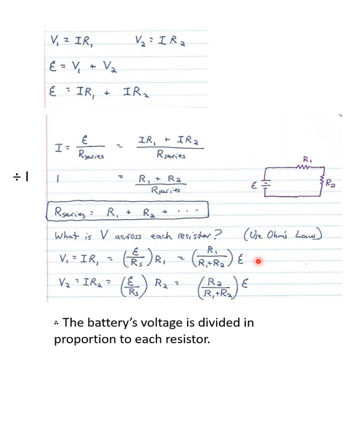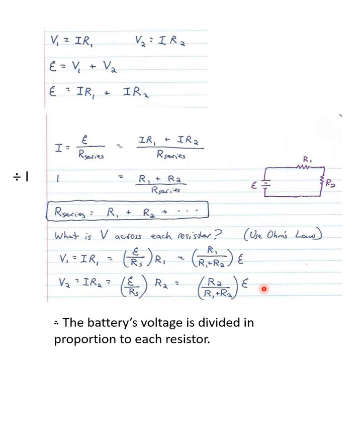Now, following the same reasoning, for the voltage drop across resistor 2, I've taken it through the algebra, but you can just trade out 1 and 2, and now we have R2 over R1 plus R2 times the voltage. Taking it through the math, it's the current times R2, which is electromotive force over series resistance times R2, and here we have that expression.